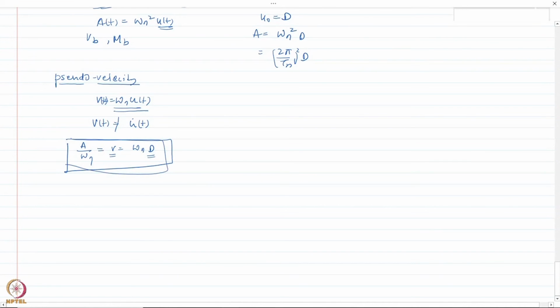Now as I've previously told you, for any system, the pseudo acceleration is actually not equal to the total acceleration in the system. So the peak value is also not equal to the peak value of the acceleration in the system. However, if zeta is very small, let us say 2%, 1%, or 5%, these values are quite close actually.